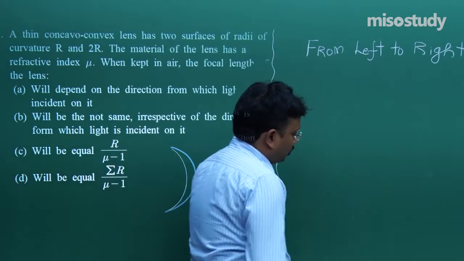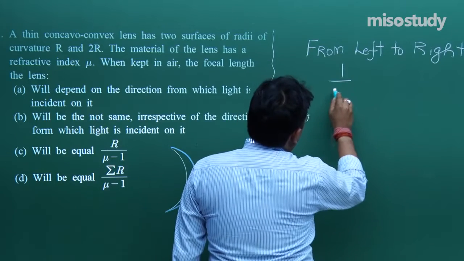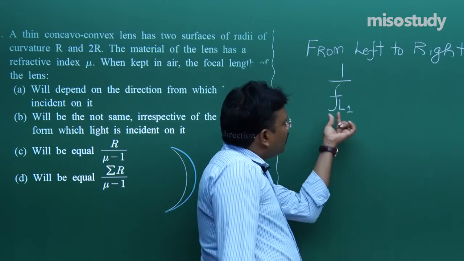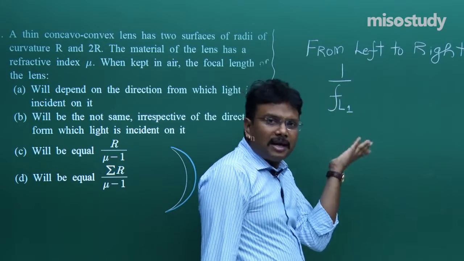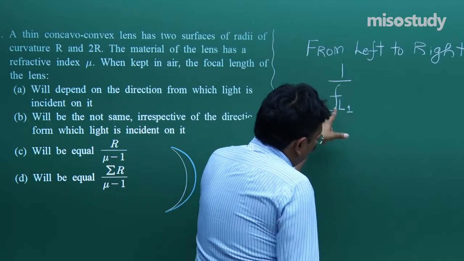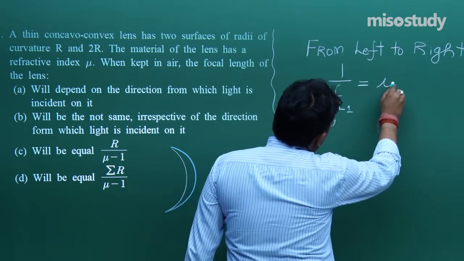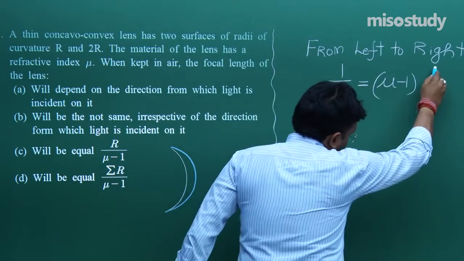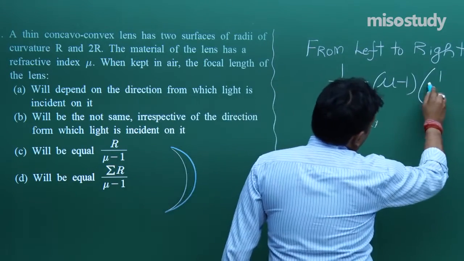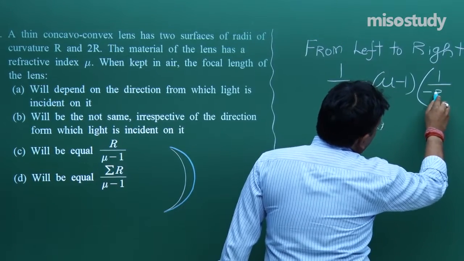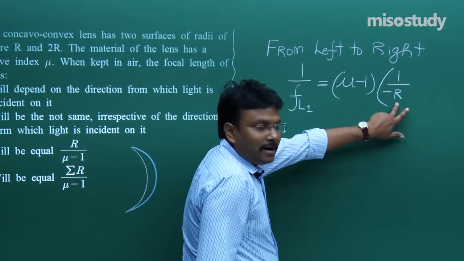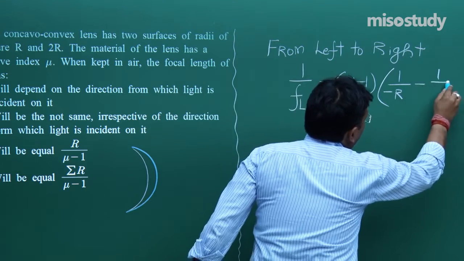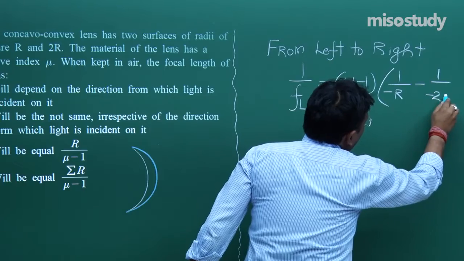So from left to right, 1 upon f L1, nothing different, the focal length of the first lens, that's it. 1 upon f L1 is equal to (mu minus 1), same formula, within bracket 1 upon minus R1. So, rather than R1, I am finally putting the values, minus 1 upon minus 2R.